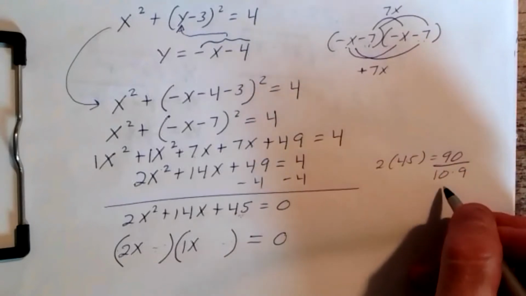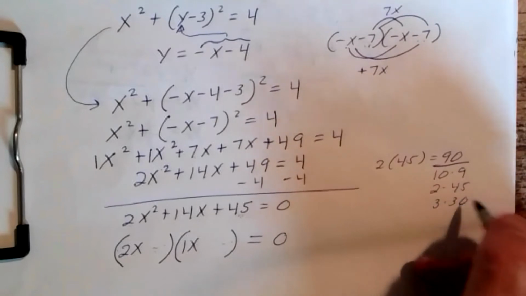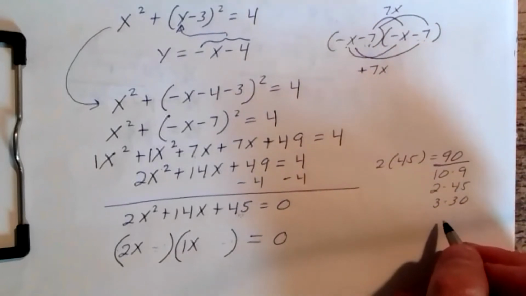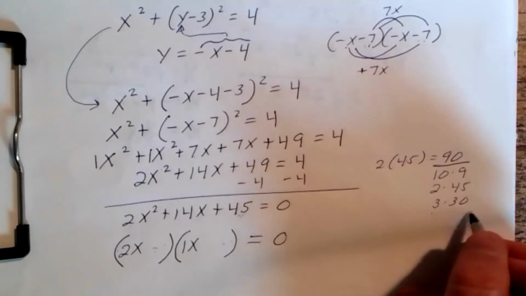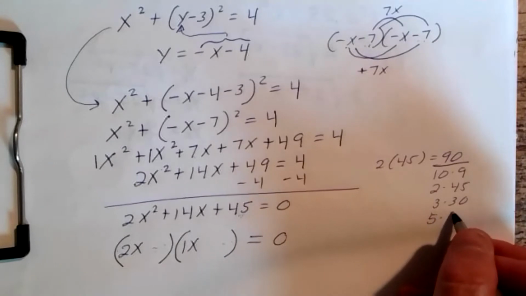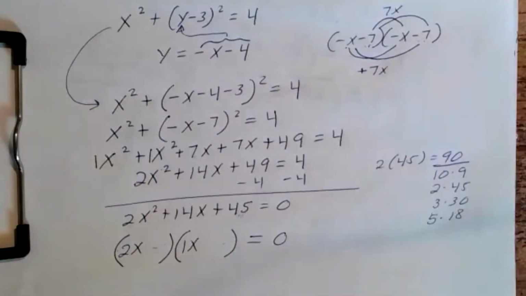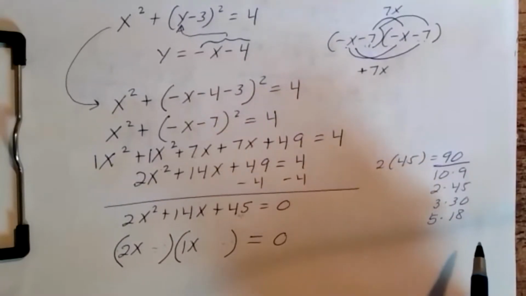No. 2 and 45? No. 3 and 30? No. 5 and 18? No, those don't add up to 14, do they? Are there factors of 90 that add up to 14?